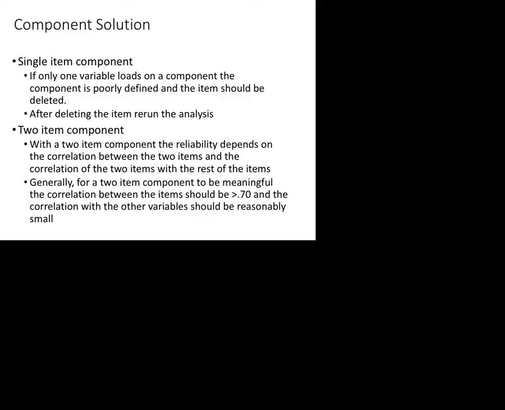If not, you probably need to delete the 2 item component and then readjust your analysis, including changing the number of components if you need to. So on the slide before, it was 0.8 and 0.7. Is that what they were?